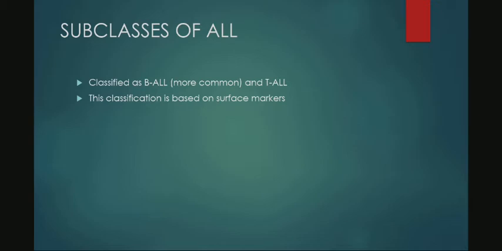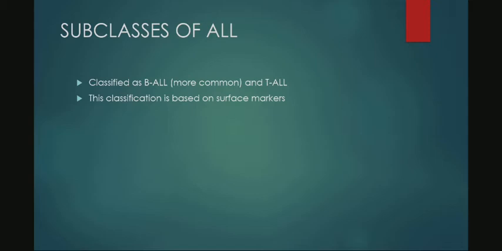Okay, so now we are looking at the subclasses of ALL. If you remember from our brief talk about hematopoiesis, we said from the lymphoid lineage, we get the B lymphoblast and the T lymphoblast. And these will give rise to different types of mature lymphocytes. Okay.